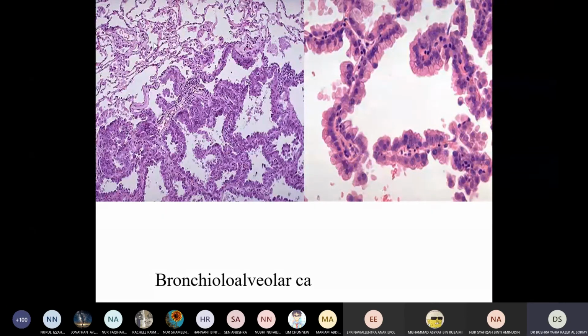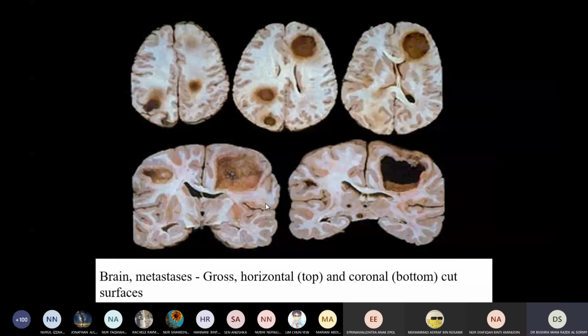Okay, and this is the normal alveolar wall. This one is when the lung cancer metastasized to the brain, so we can see multiple lesions in the brain. This is metastasized from lung cancer.